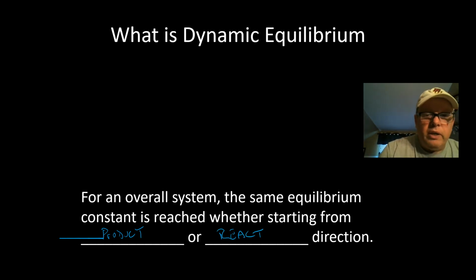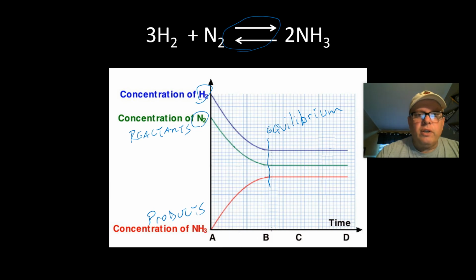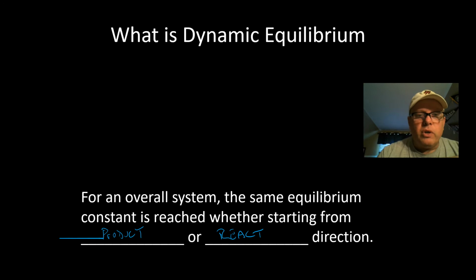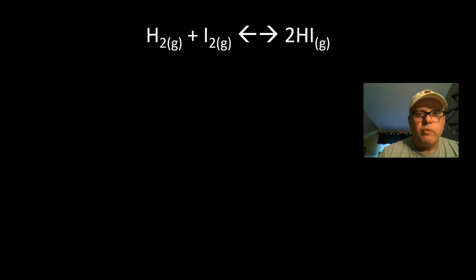Either way, you would end up in equilibrium. From the example I just showed you, if we had started with ammonia here, taking it apart, letting it decompose, we would still end up at the same equilibrium. It is achieved no matter whether you start going forwards or backwards.